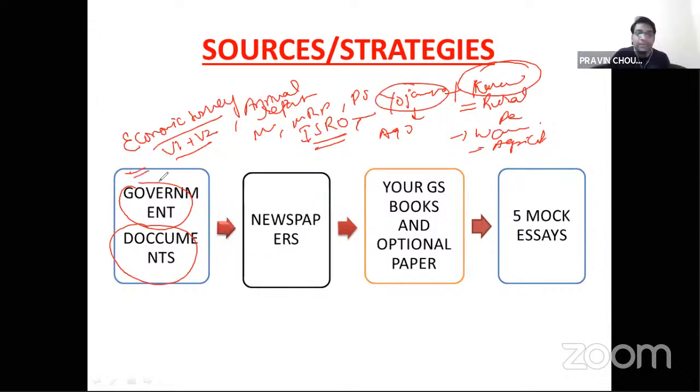You have to read more government documents, because this will help you write a good essay. You will be able to support your arguments and write positive and negative points. That is a ground level analysis of the government report.